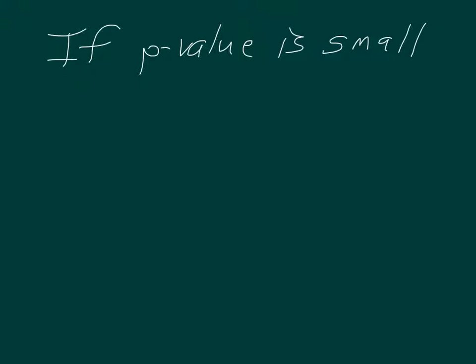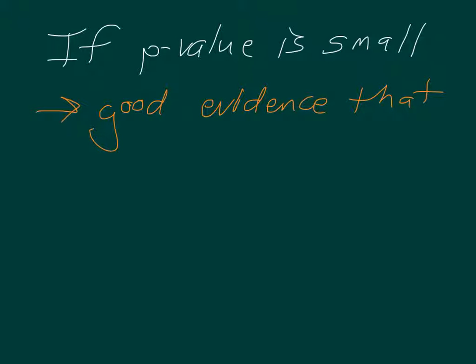So that's the foundations of the hypothesis test. We're saying that if the p-value is small, then we're going to view that as good evidence that H naught is no longer true.